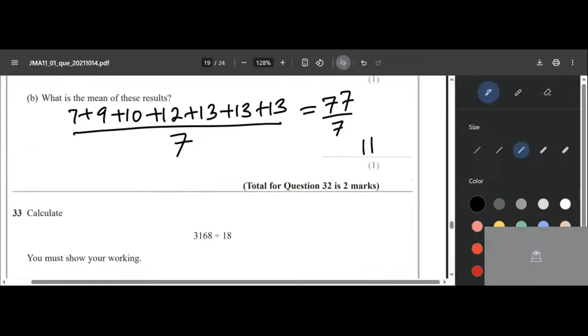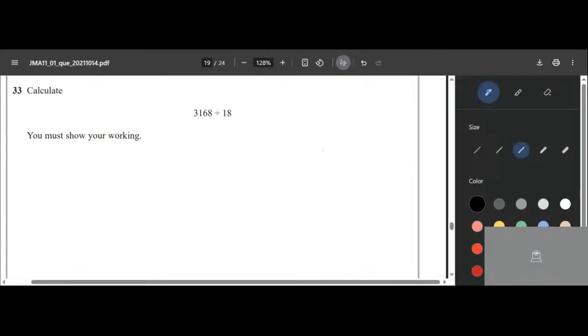Then I'll proceed to show my calculation here: 3168 divided by 18. 18 goes into 31, but not 3. So 31 divided by 18, it will go here 1 time, because 1 times 18 is 18. If I subtract 18 from 31, I will get 13.